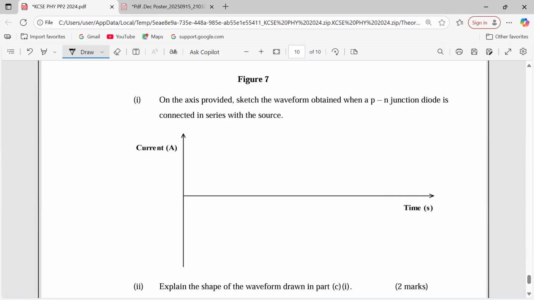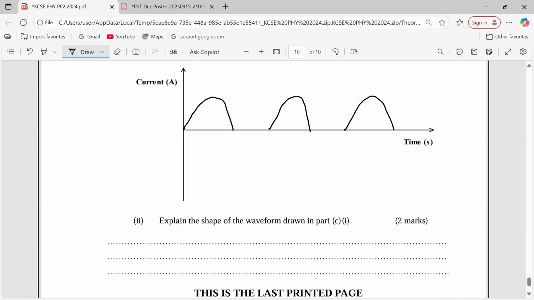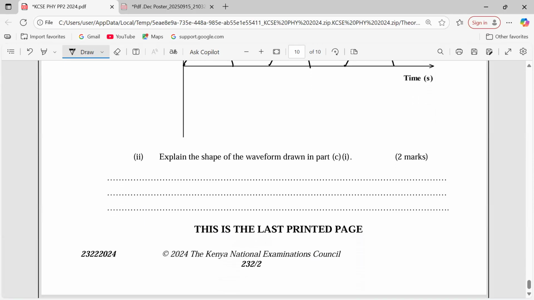The work of a PN junction diode is to rectify, and therefore this is what you will be able to see. Then you are told to explain the shape.